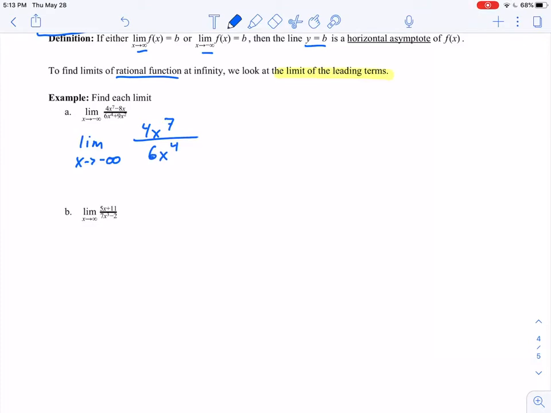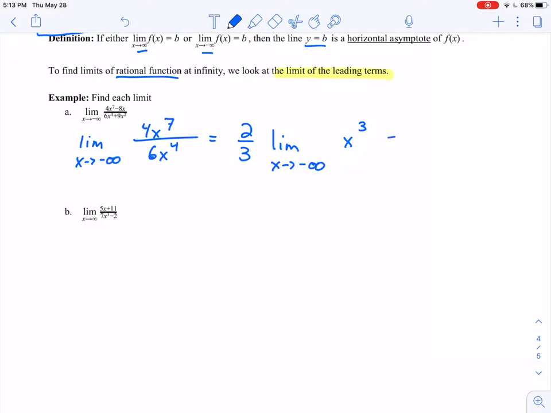And then from here we can simplify. 4 over 6 is really 2 over 3. That's just a constant multiple, so I'm going to factor that out: 2/3 times the limit as x approaches negative infinity. And x to the 7th over x to the 4th leaves me with x cubed, or x cubed over 1, that's fine too.